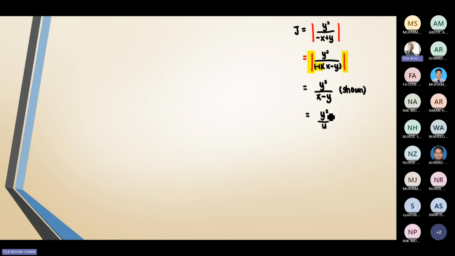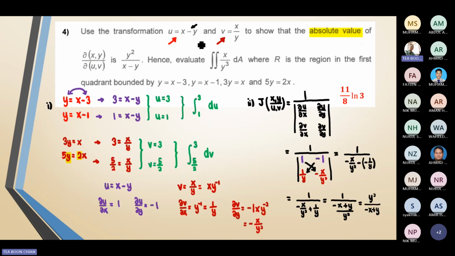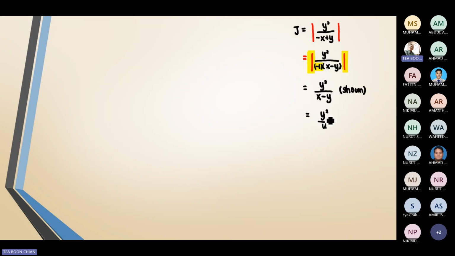Y squared, if you look carefully, no matter how you try to rearrange and manipulate, you still have no idea how to make only y squared appear. Because u equals x minus y, v equals x over y. Both have x and y simultaneously. If you only want to get y squared, it seems impossible.